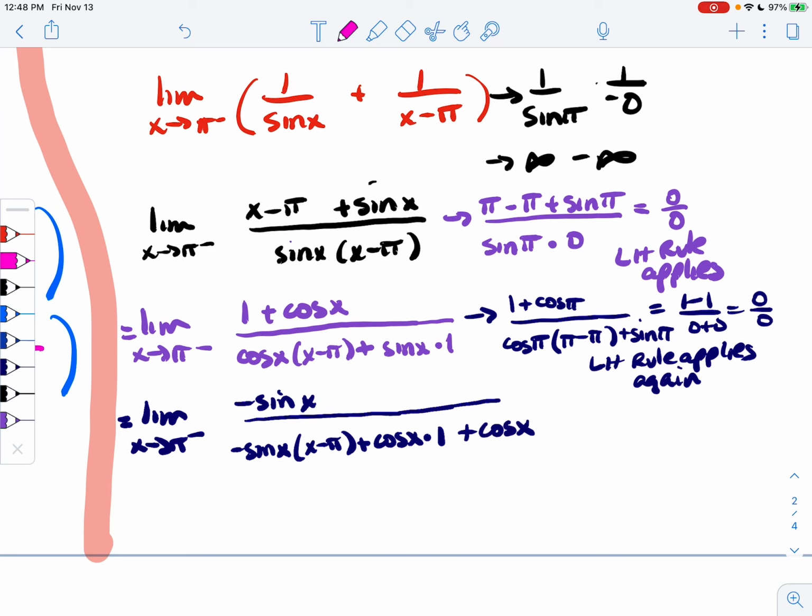And so I'm going to apply x going to pi, and I'm going to take that limit.